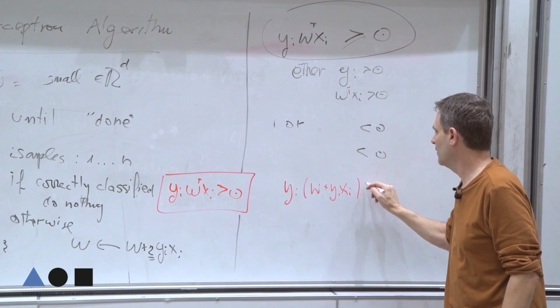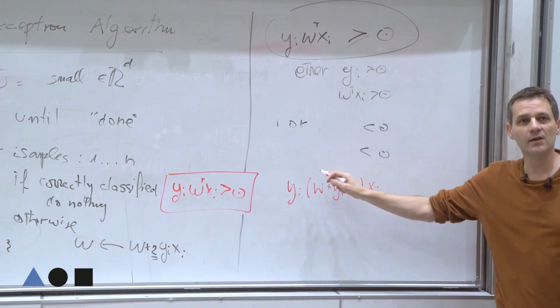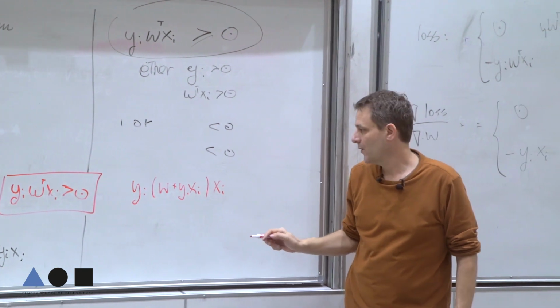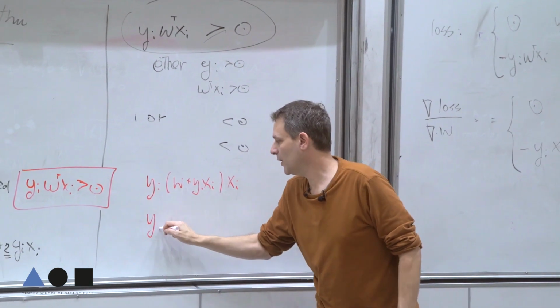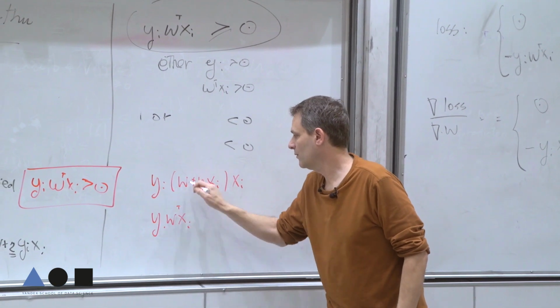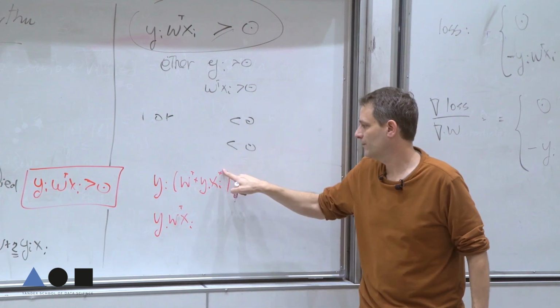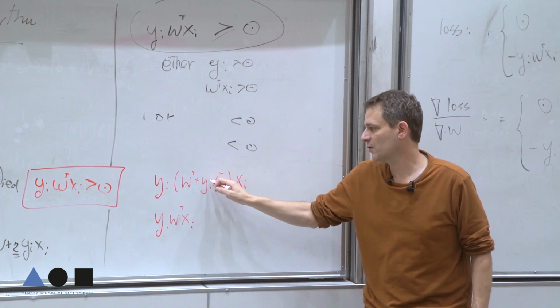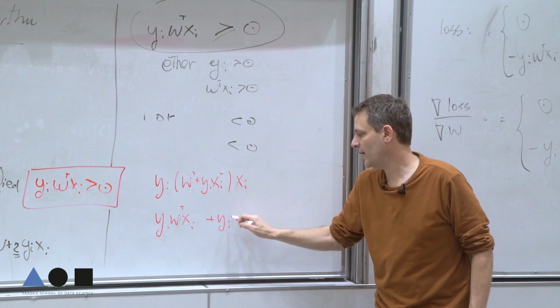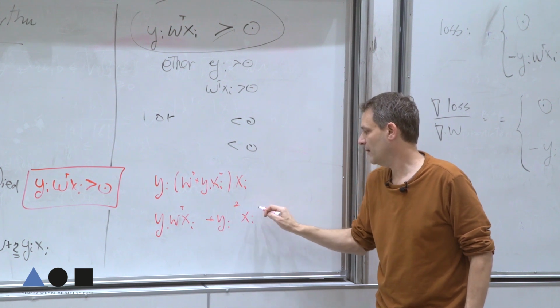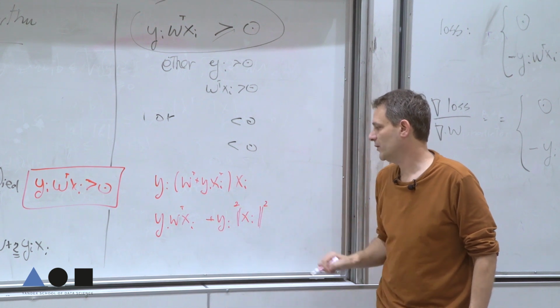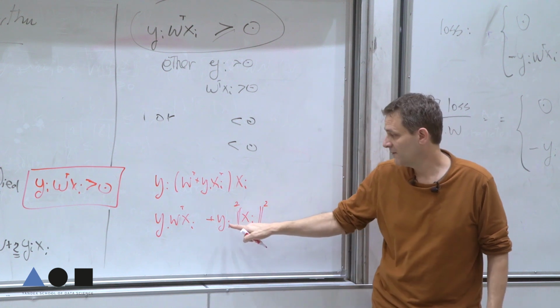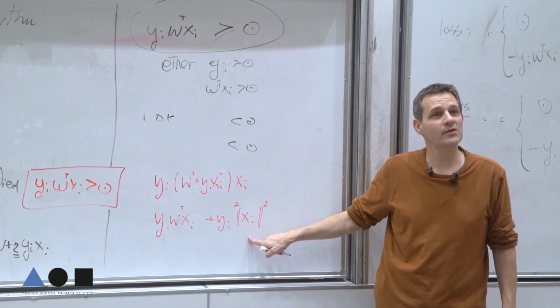This is the new w, so you have what you had before, but now you also have this term: y_i squared, and then the norm of x_i squared. Now, this is positive, and this is positive.